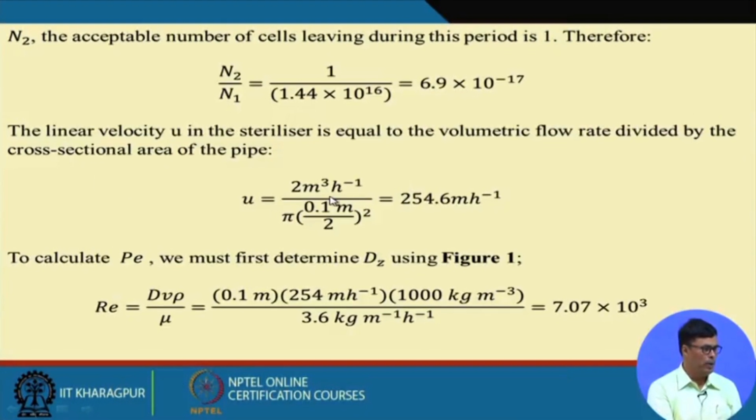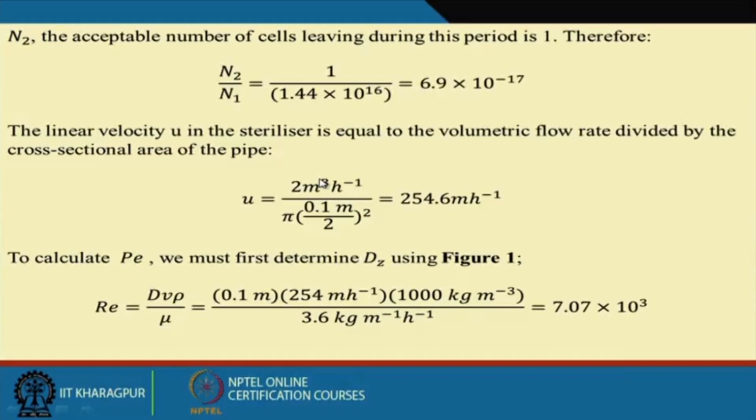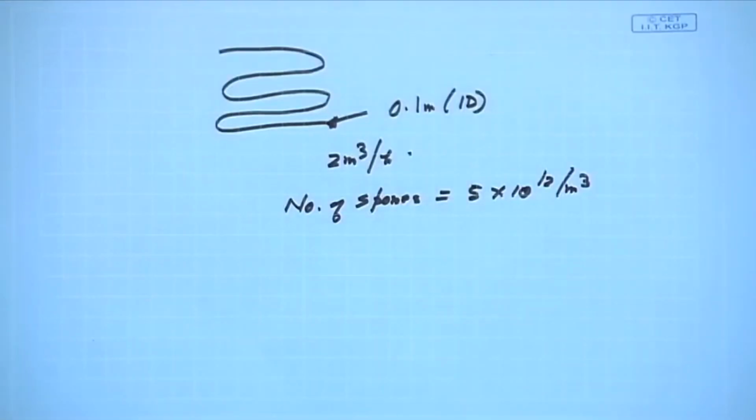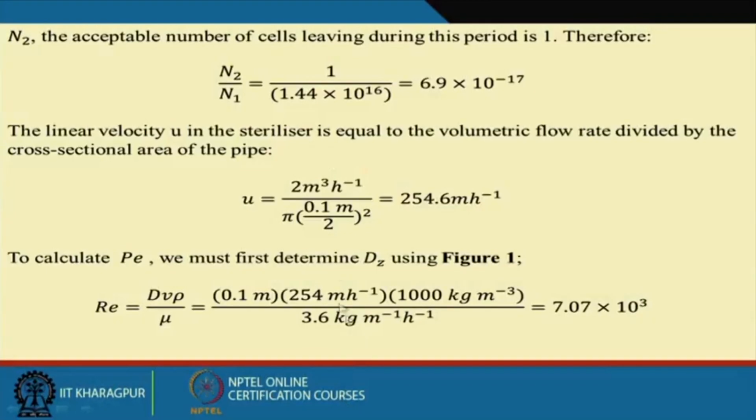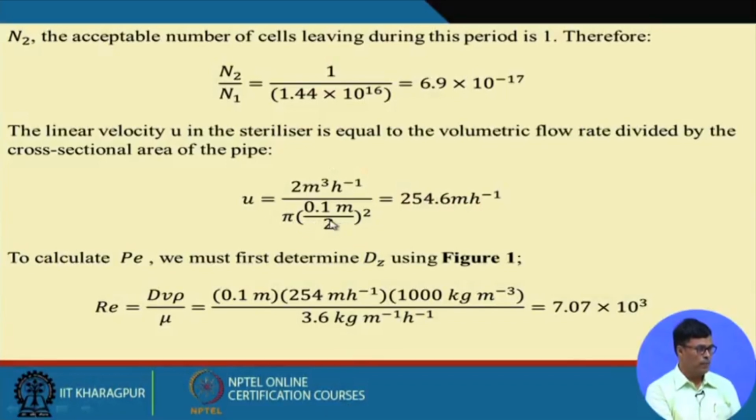Now from the flow rate, because we know the inner diameter of the pipeline is 0.1 meter, what is the cross section of this? This is pi r square, the cross sectional area.